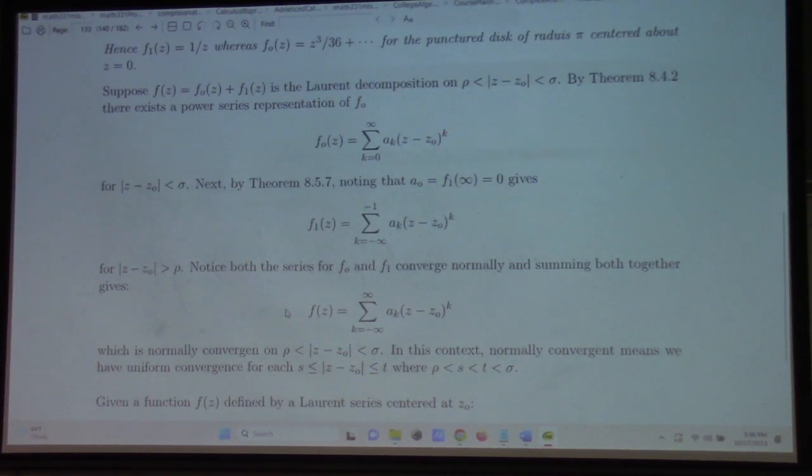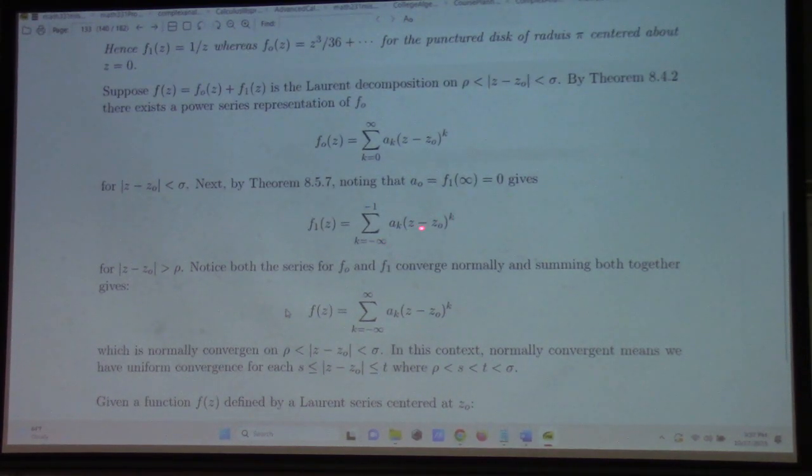On the other hand, we know that F1 is analytic at infinity, and not just that, it's normalized to be 0 at infinity. So if we look at F1 of Z, the index here is a fancy way of saying reciprocal powers: k equals -1 to minus infinity.